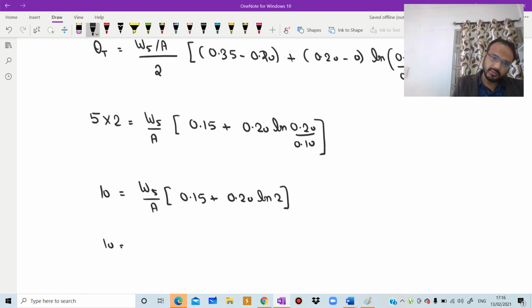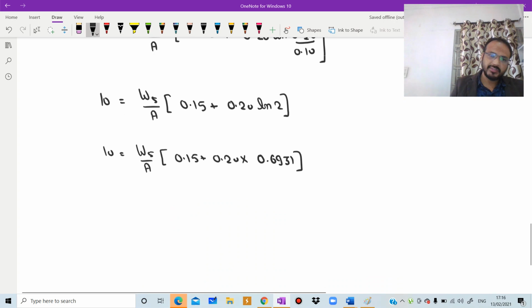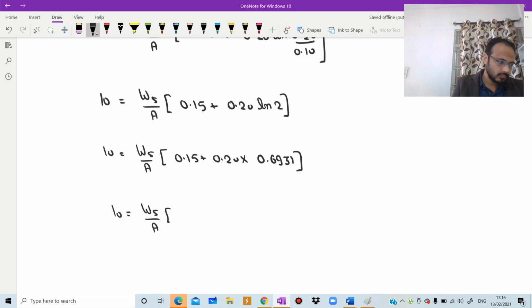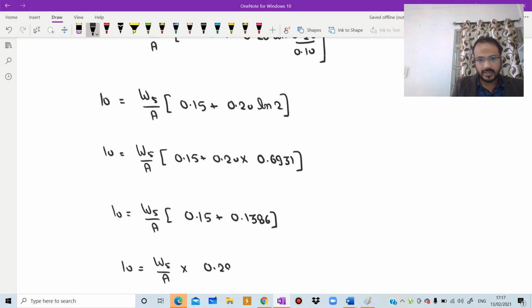We know that the value of ln 2 is 0.6931. Once we put the value of ln 2 and solve it, we get 10 equal to Ws by A into 0.15 plus 0.1386, which is 0.2886.